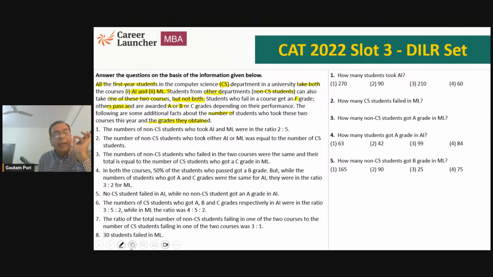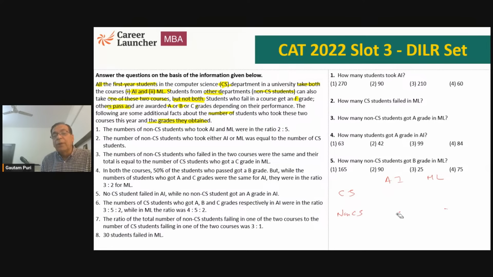So what have we understood so far? There are computer science students and non-computer science students. Computer science students have to take both AI as well as ML, while non-computer science students will take either AI or ML but not both.